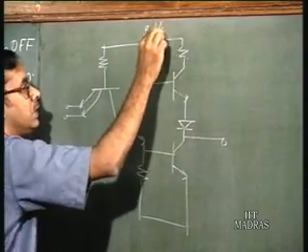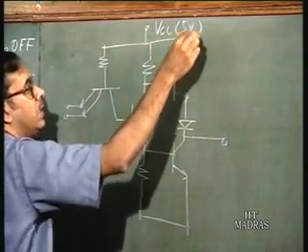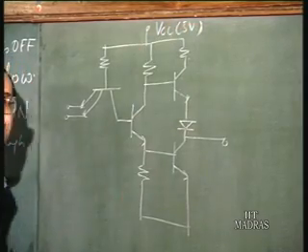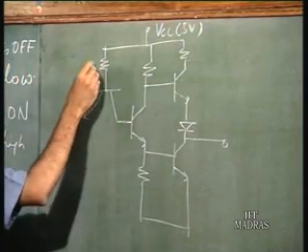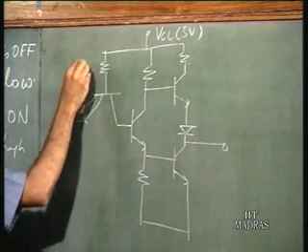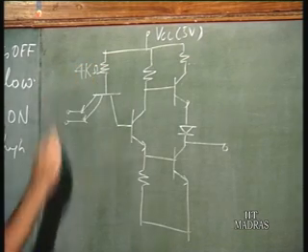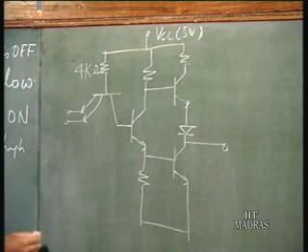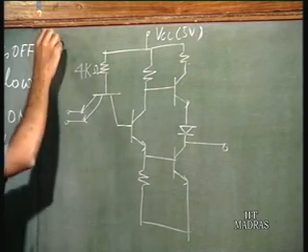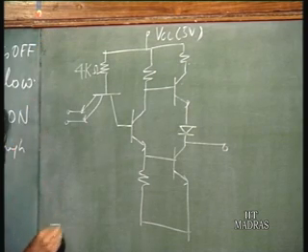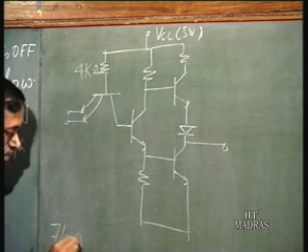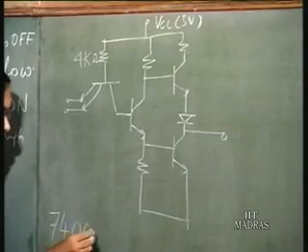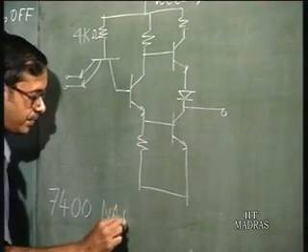So this is VCC 5 volts, the TTL power supply voltage is 5 volts. This is the very familiar, well-known circuit for the 7400, the chip number 7400 NAND gate.